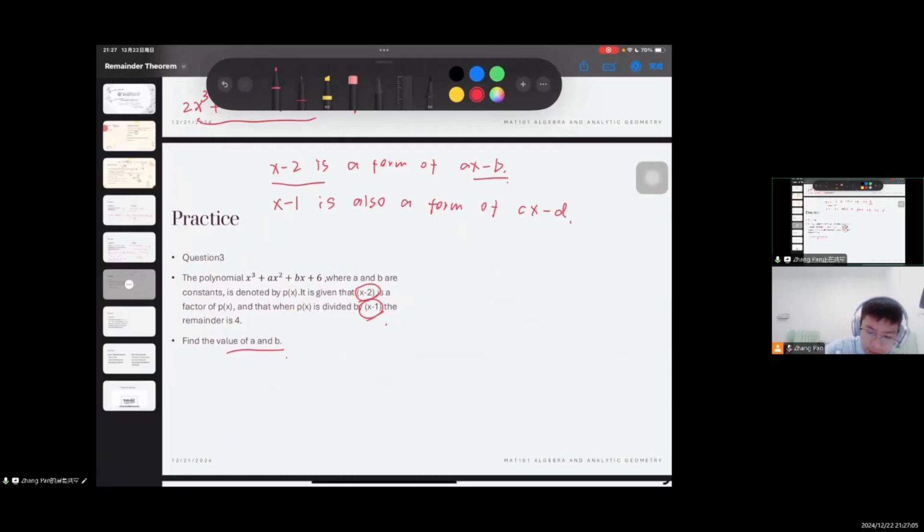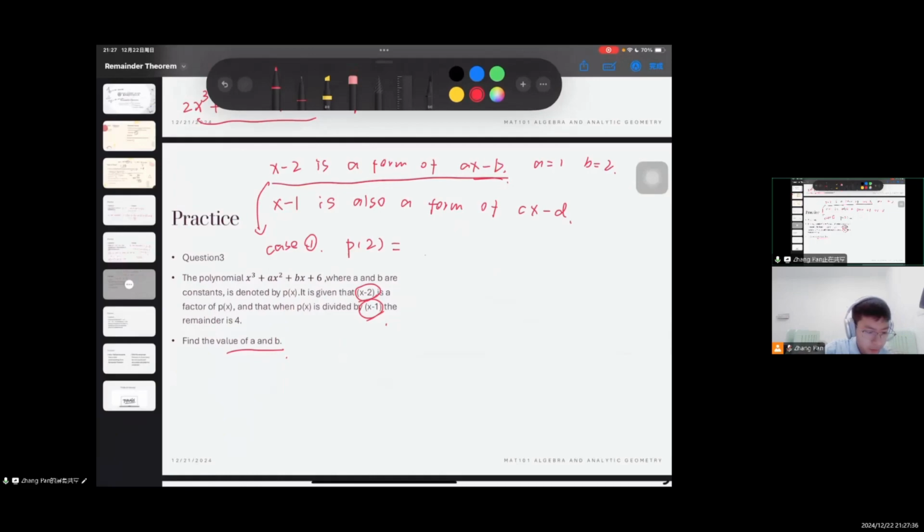So in case 1, p(b over a) equals p(2), because in this case a equals 1 and b equals 2.